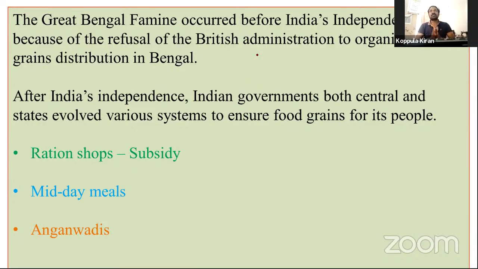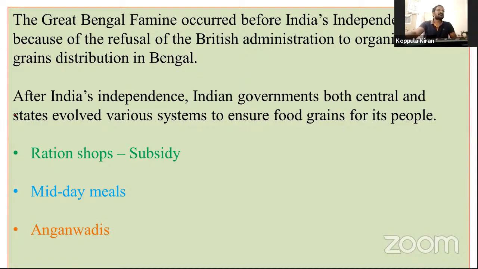We were ruled by the British, and they did not properly organize the distribution of food grains to the people. Then there were no food grains, scarcity was created, and famines occurred. Most of the people died of that scarcity of food.